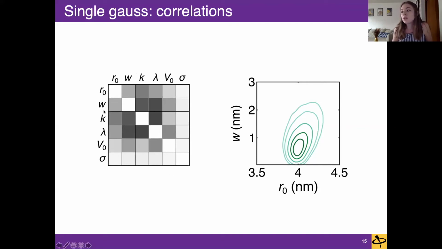Now it's clear very quickly that there are correlations between K and W and lambda and W and so on. Then we can focus on looking at the correlation plots for the parameters of interest, which is generally going to be the peak position and the peak width. These simplifications become much more convenient in more complex cases.